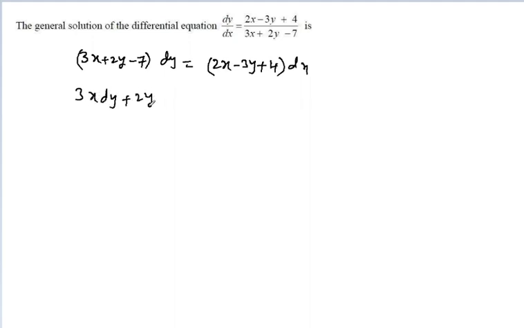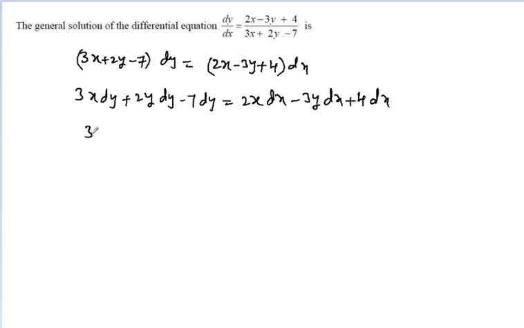Take cross multiplication, that is (3x + 2y - 7) into dy is equal to (2x - 3y + 4) into dx, that is 3 into x dy plus 2 into y dy minus 7 dy is equal to 2x into dx minus 3y into dx plus 4 dx, that is here 3x dy minus 3y dx.